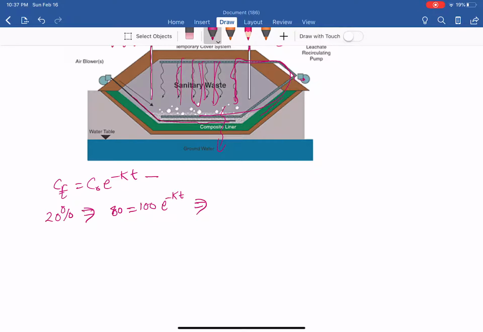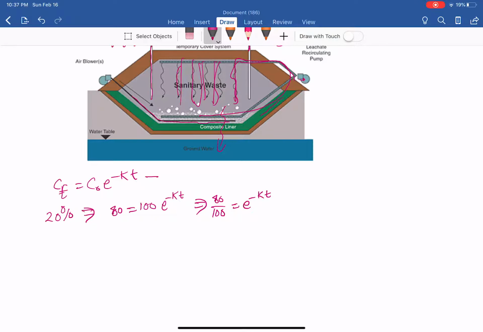So this is e to the power minus kt, and you could make it 80 over 100 equals e to the power minus kt.